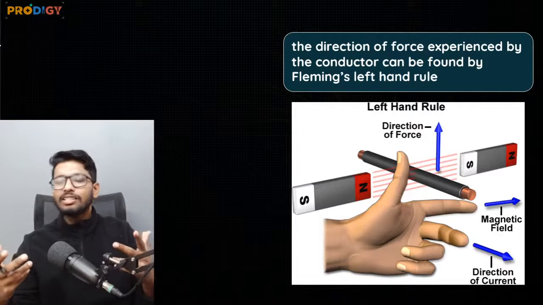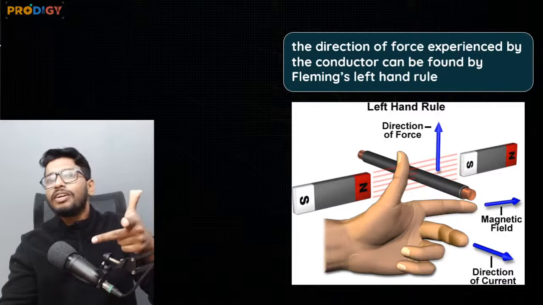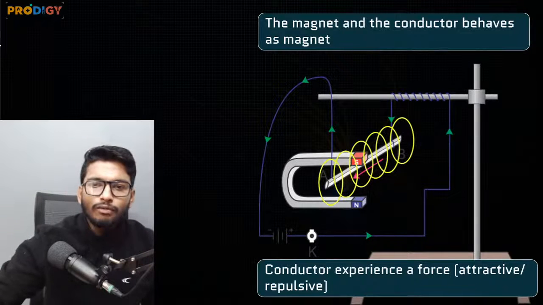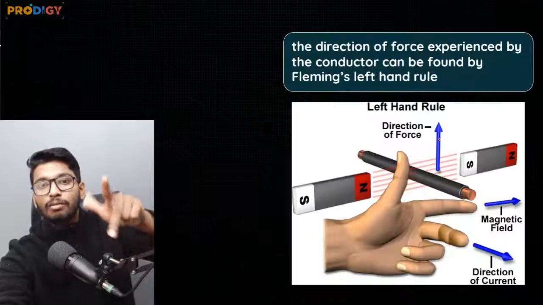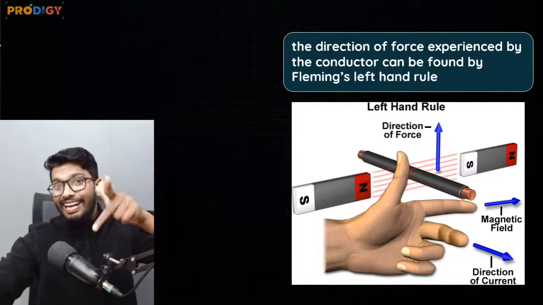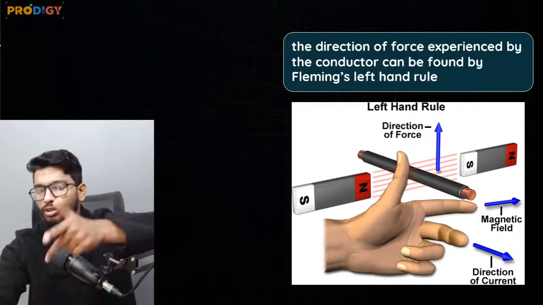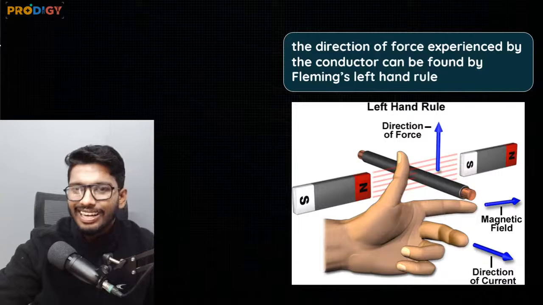the thumb shows the direction of the force on the conductor. Like I told you, there is a force experienced by this conductor, and the direction of force is indicated by the thumb. The index finger shows the direction of the magnetic field, which is always going from north to south, and your middle finger shows the direction of current.